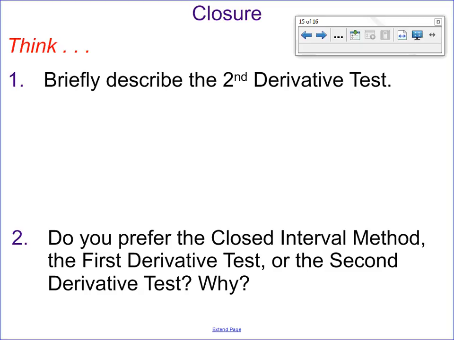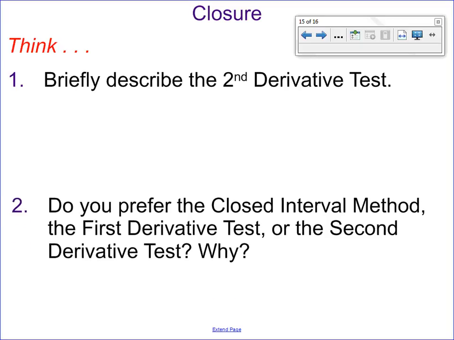Okay, ladies and gentlemen, thank you. Let's go ahead and share a brief description for the second derivative test, right? What's the second derivative test look like? Vivian? If y prime equals 0 and y double prime is greater than 0, then y has a minimum.